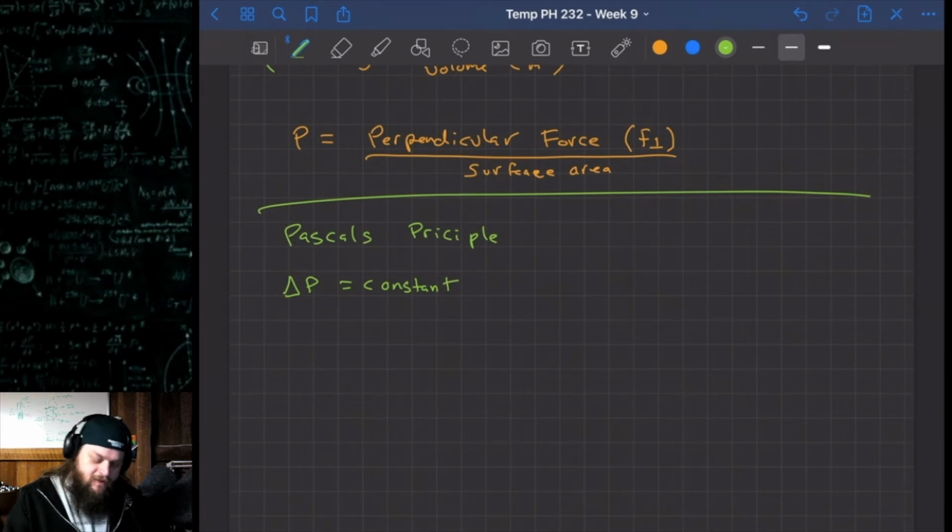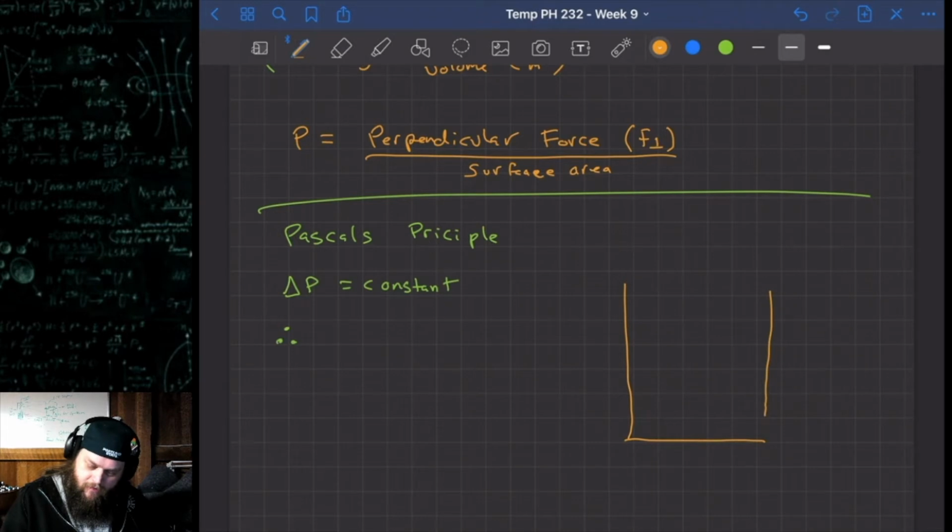And this lets us say, therefore, if we were to have a two-tub system, I'm going to draw two tanks. One tank is wider, the other tank is much more narrow. And we draw a little channel connecting them there at the bottom.